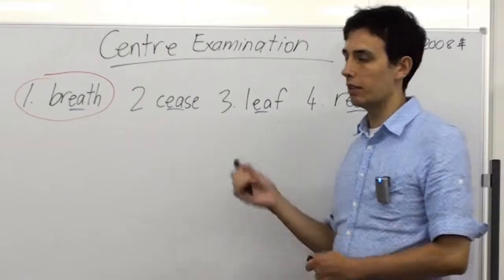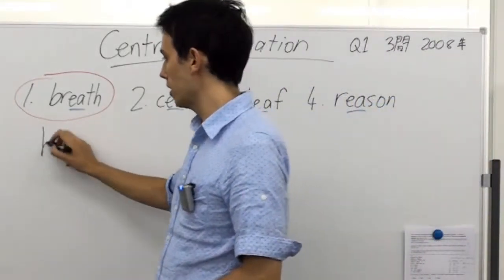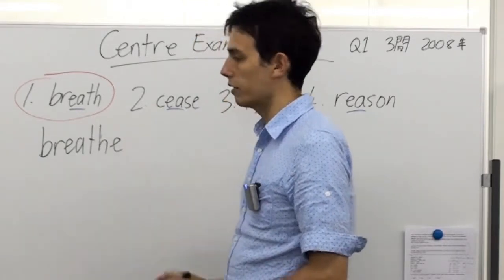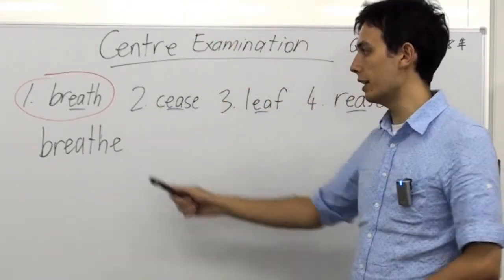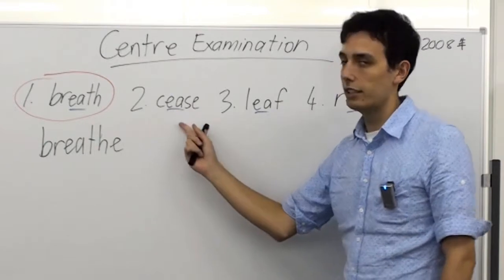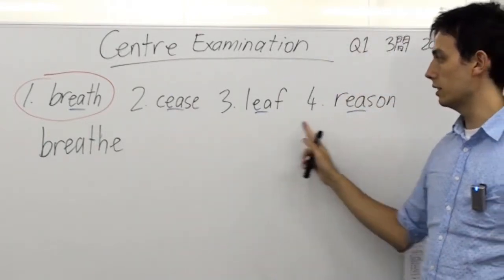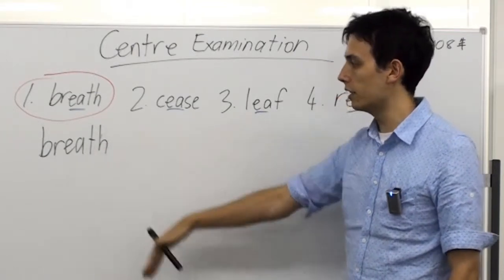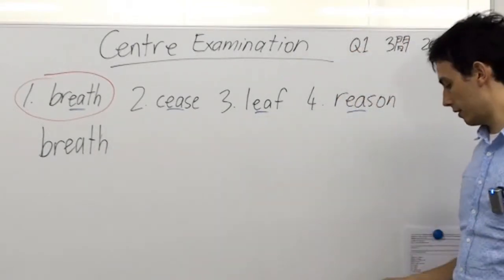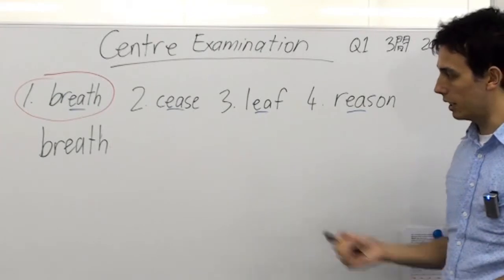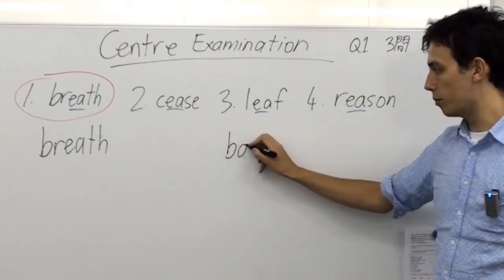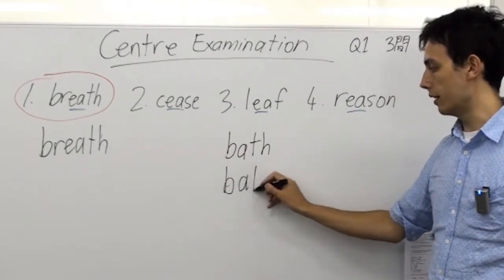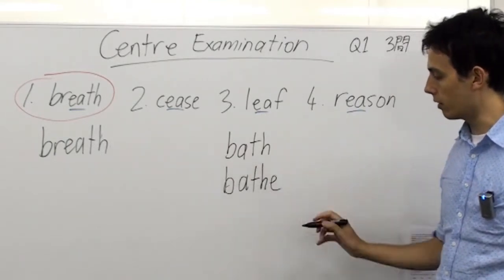Where this might trip a lot of people up is it looks a lot like breathe. So if we put an E on the end, it takes on the same sound as this: reason, leaf, cease, breathe. But without the E, it's just breath. The same thing can be seen in bath and bathe. I hope I'm not writing on an angle.